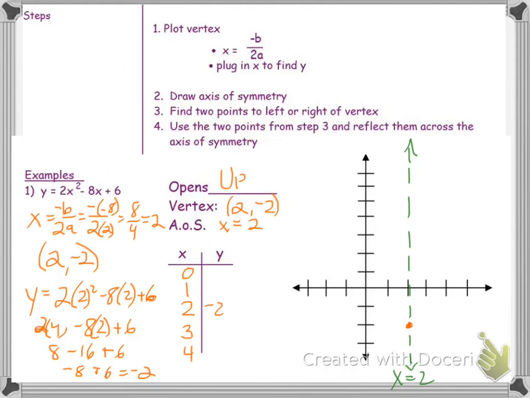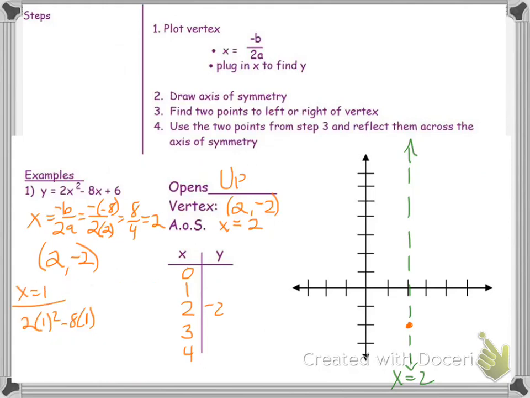So when I plug in 1, I'm going to do the work over here. I have 2 times 1 squared minus 8 times 1. Oh, let me find a better spot. I'm going to erase some of this.